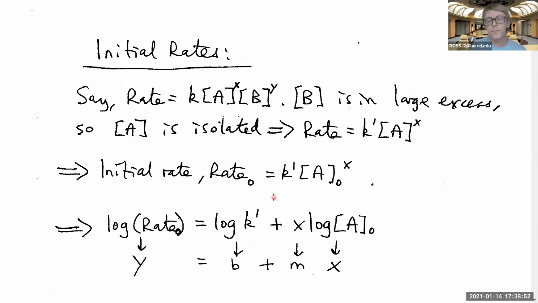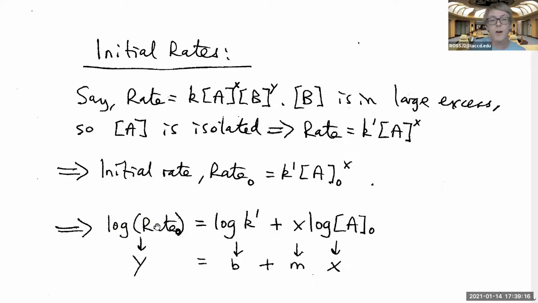If we're interested in this order x, we can use some mathematics to make that exponent a coefficient, and the natural mathematics to use are logarithms. So we use logarithms to bring down exponents and make them coefficients. We log both sides of this expression.